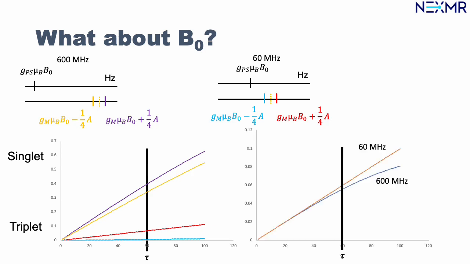And when we plot the two hyperpolarization curves corresponding to the difference between the singlet state population, we will see that this increases faster at 60 megahertz than at 600 megahertz. So we build more polarization at time tau. And this does not depend on how fast we mix singlet and triplet states. What matters is how fast we dephase the two electron spin resonances.